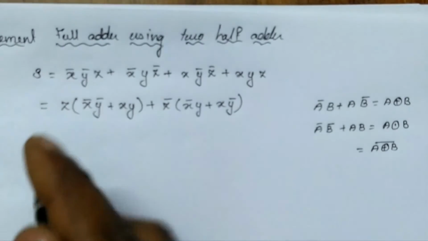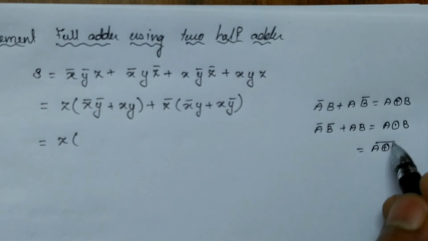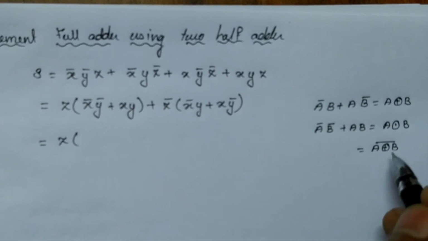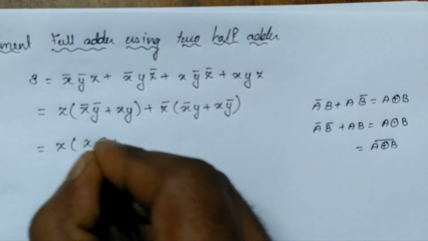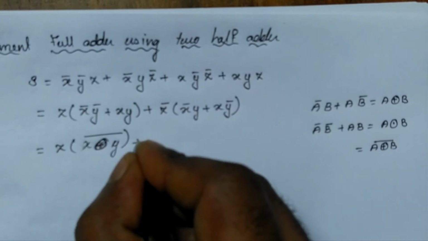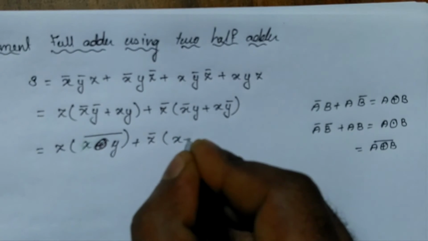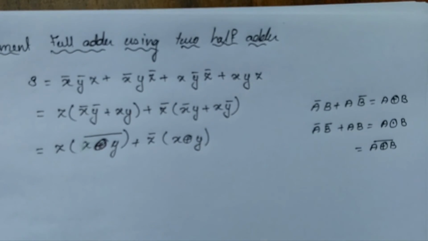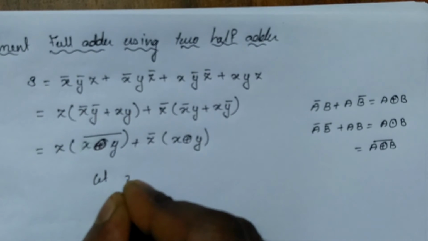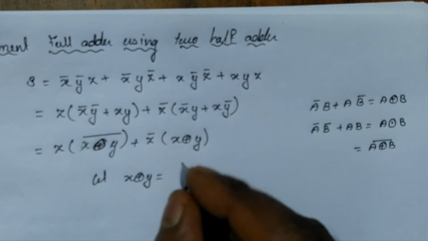By applying this logic, here we will get the term as z into, here I am considering this logic, a bar b bar plus ab is equal to a XOR b the whole bar, x XOR y the whole bar, plus z bar into, here we are applying this, therefore x XOR y. So here I am considering let x XOR y is equal to some value, consider it as w.